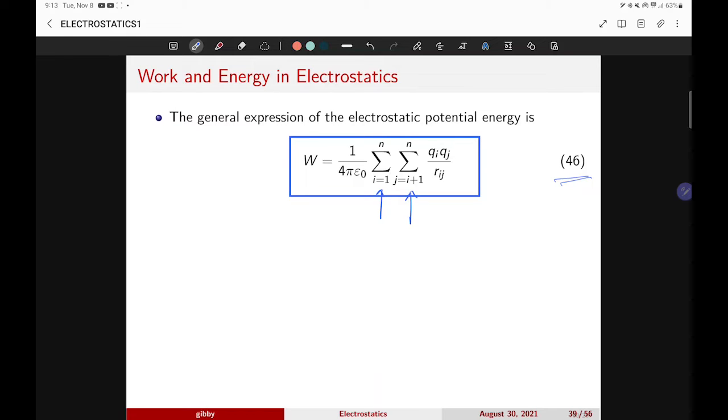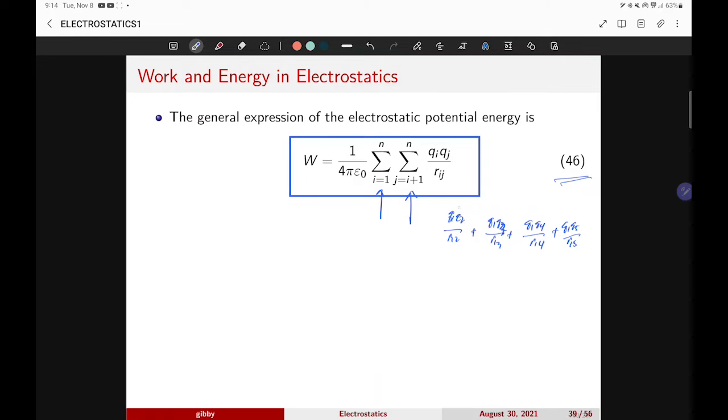If you have, let's say, 5 charges, we have Q1, Q2 over R12 plus Q1, Q3 over R13 plus Q1, Q4 over R14 plus Q1, Q5 over R15.